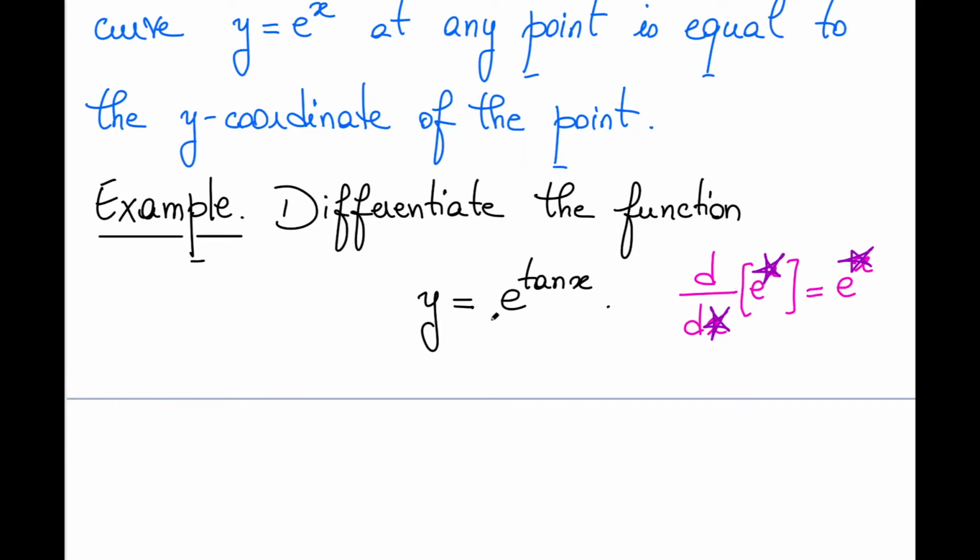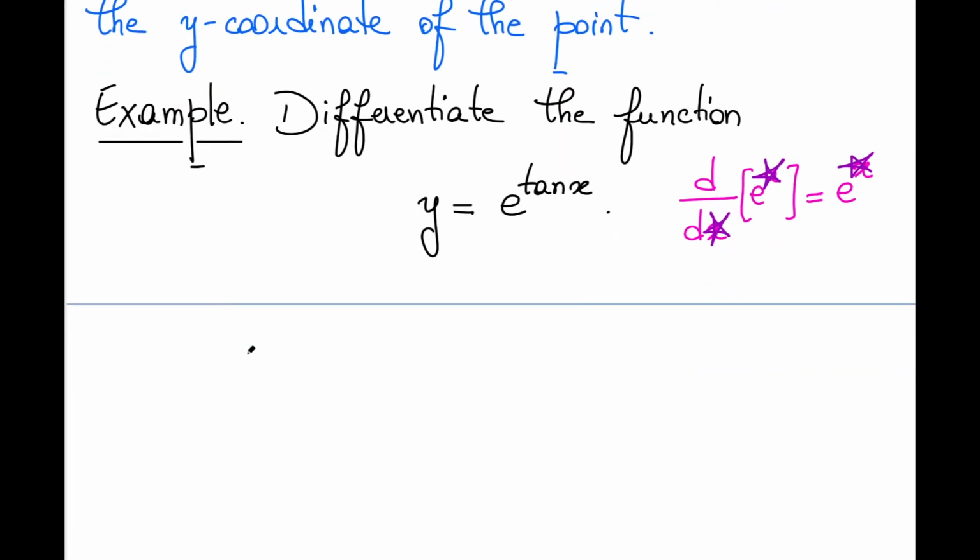Then what we want is to differentiate with respect to x the function e to the power tangent x. Correct? And as you see, we don't have the x as we used to. The star here and the star here are not the same in this case.